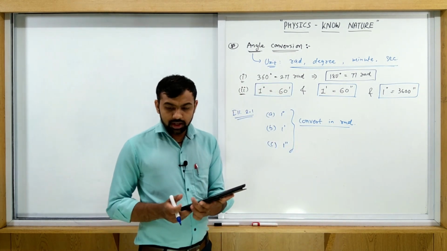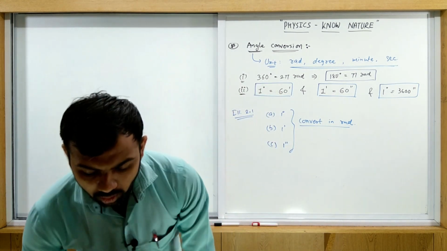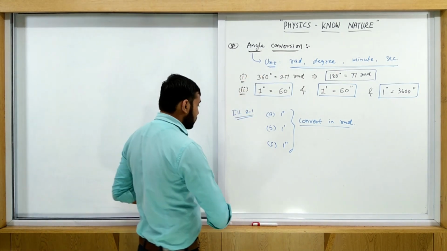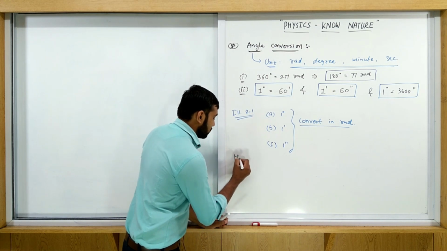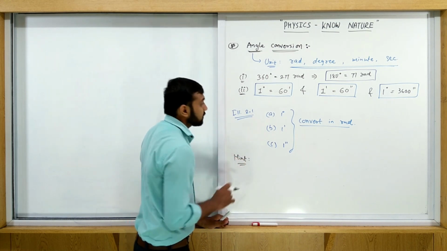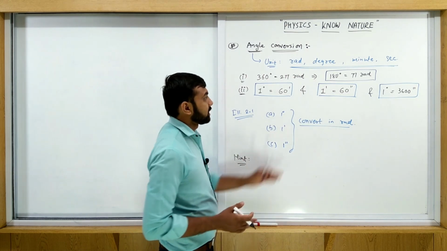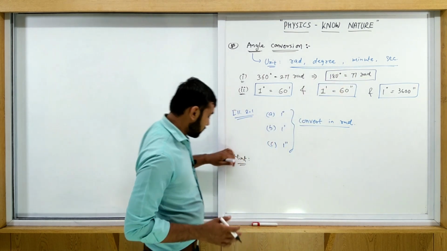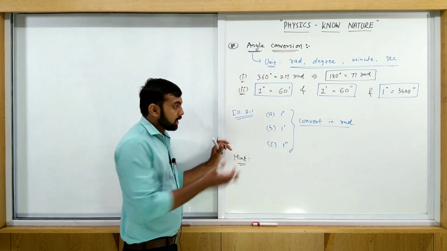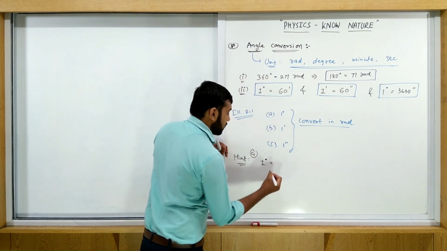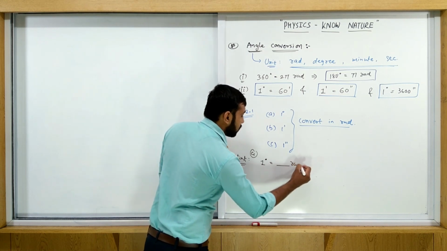Some of these relations are given, but we already wrote some relations here, so we will use this relation. Let's see the hint of this example. So 1 degree is converted into radian. First, 1 degree is equal to blank radian.